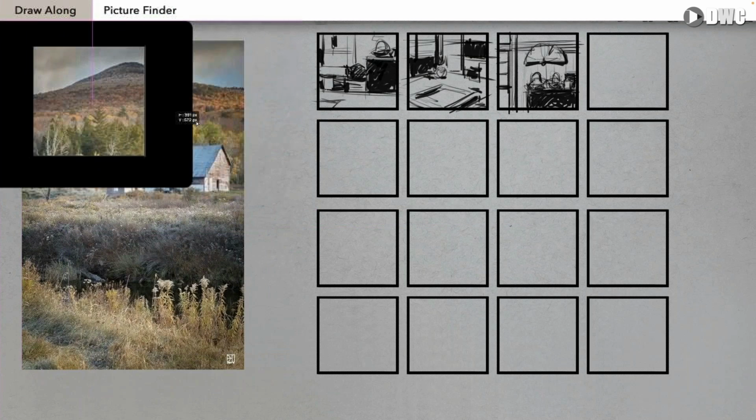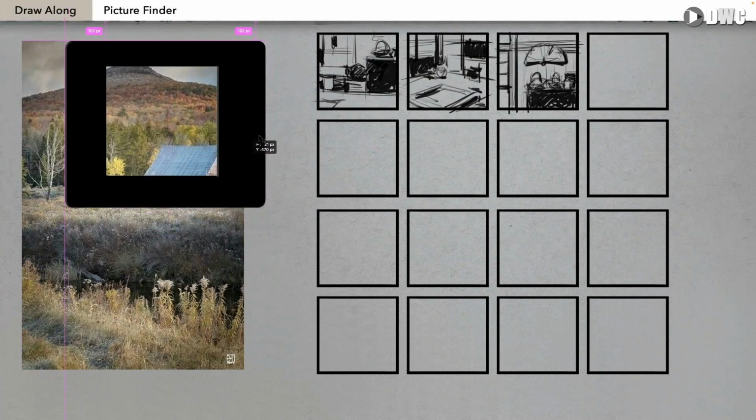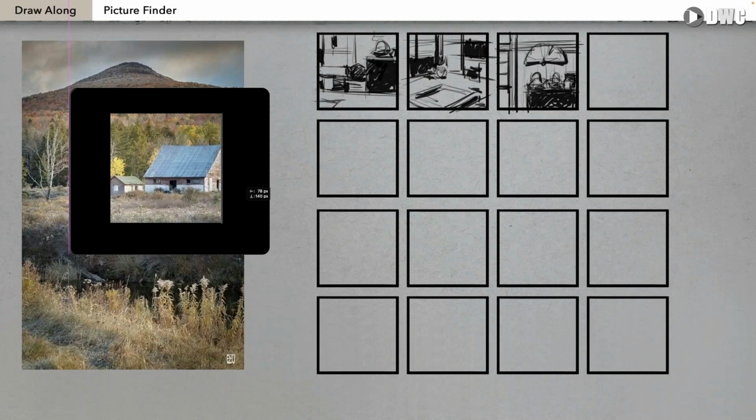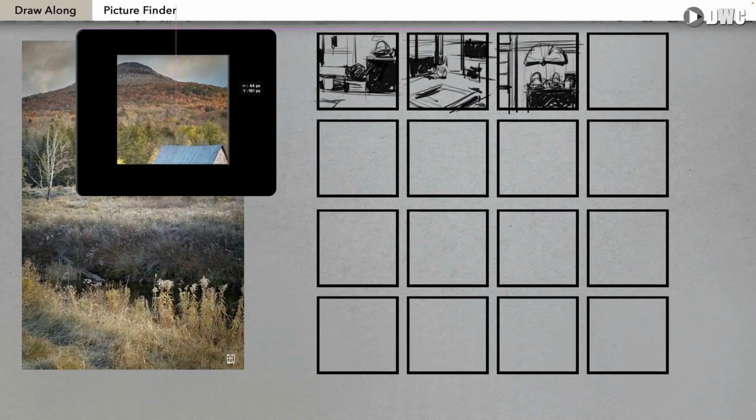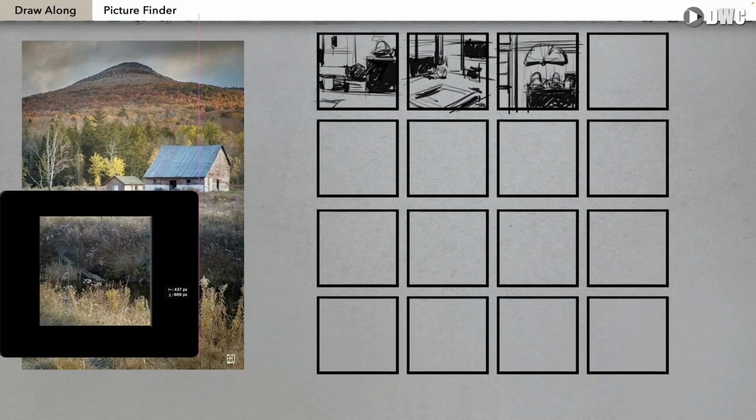And this is, again, like what we did in the Edgar Payne lesson using the viewfinder. So you can see a great way to practice composition is by taking a viewfinder to your environment, to the world you already live in. You can find and practice the compositional principles that we discussed here today.